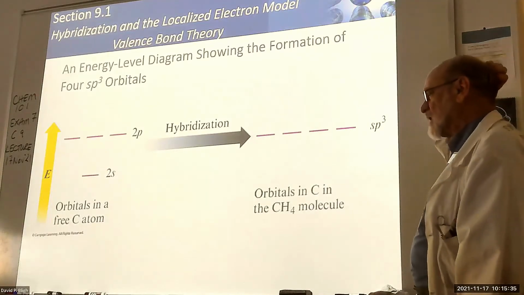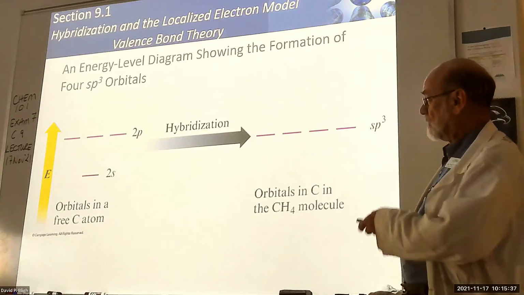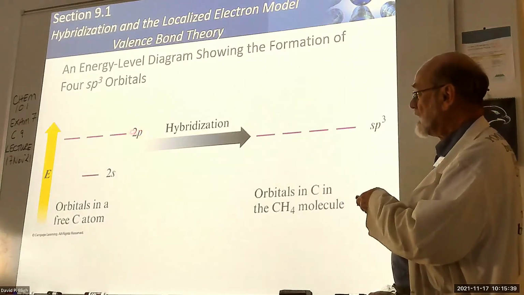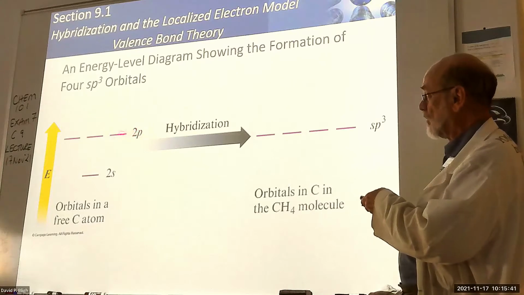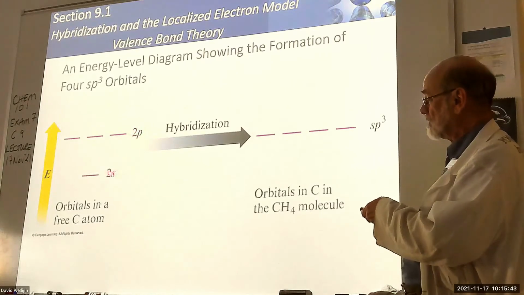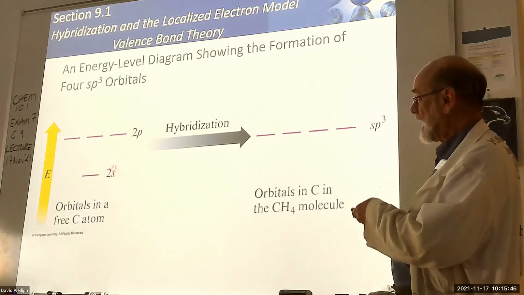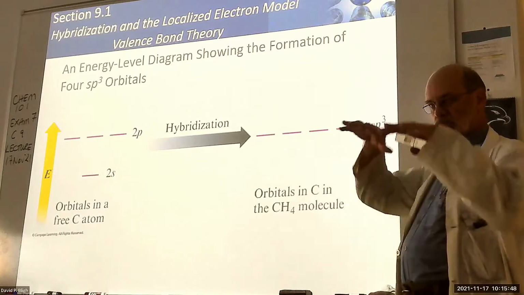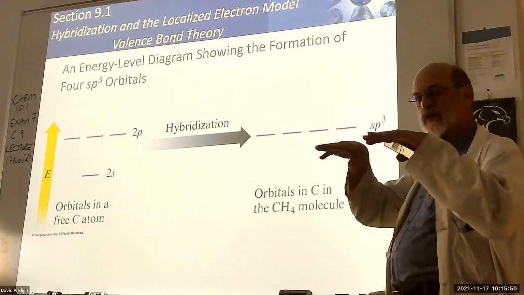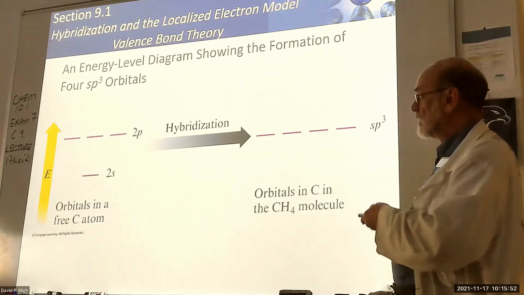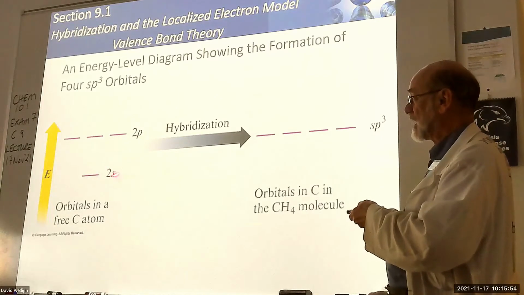This slide just illustrates the fact that even though the p orbitals and the s orbitals of the atom are at the same energy level, n equals 2, there are differences. The s is slightly less in energy than the p's.